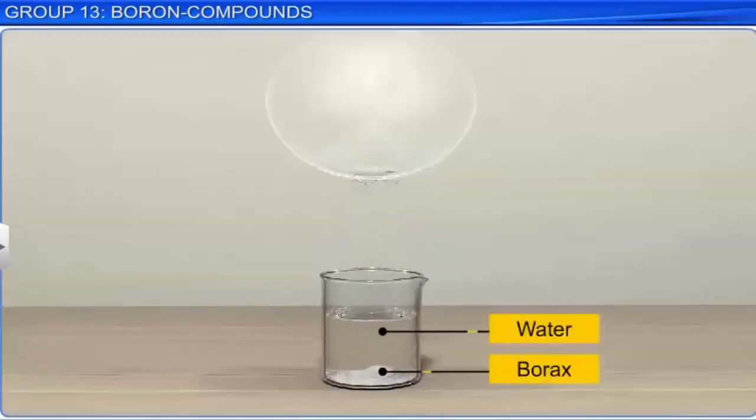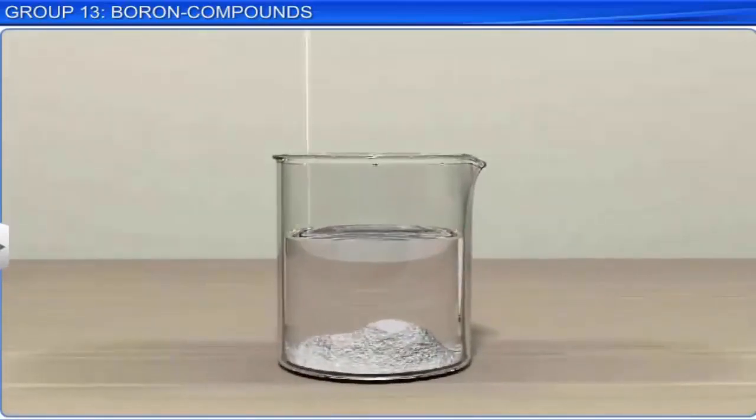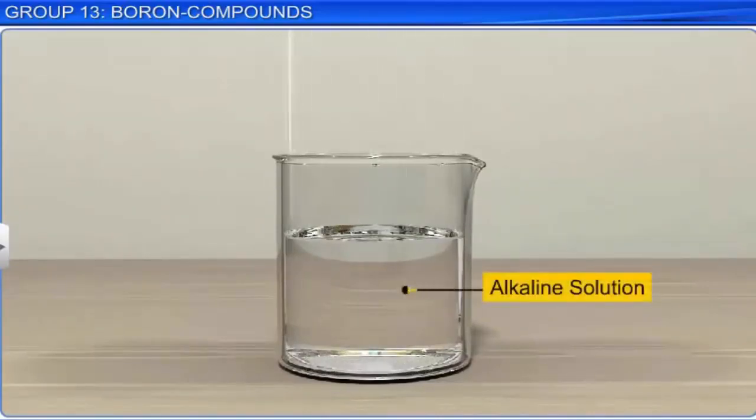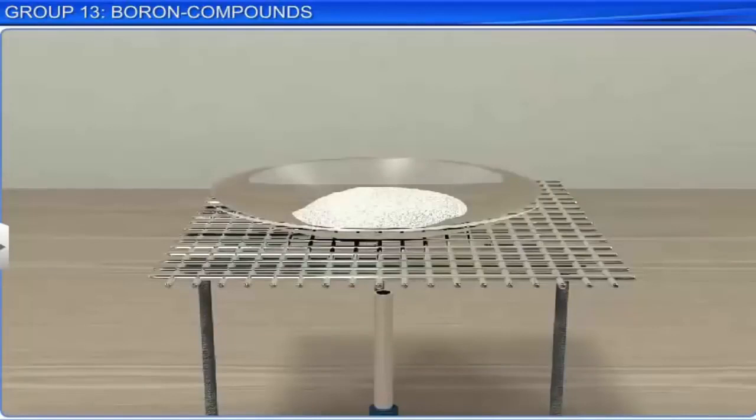Borax dissolves in water and the resulting solution is alkaline. As shown in the reaction, when borax is placed in water, sodium hydroxide is produced. When borax is heated, it loses its water of crystallization and swells.